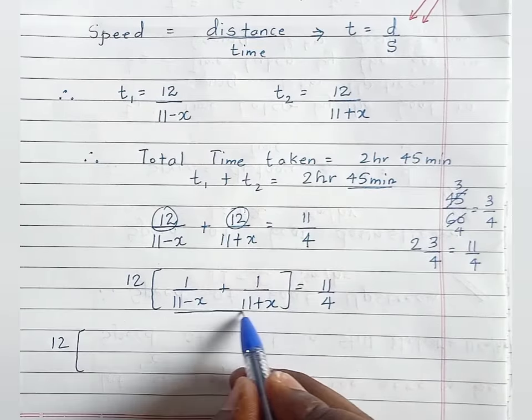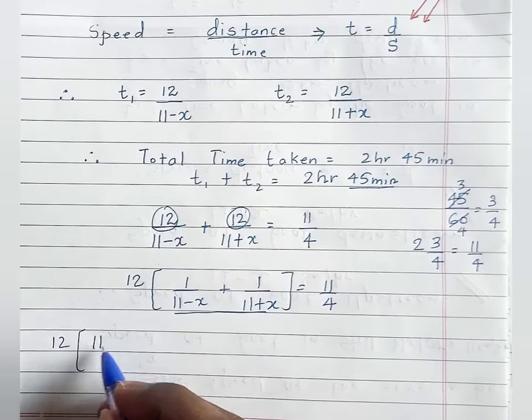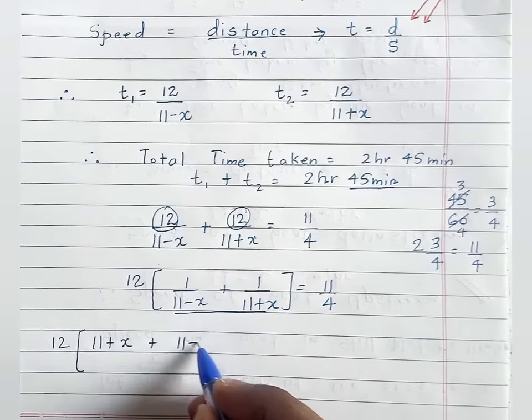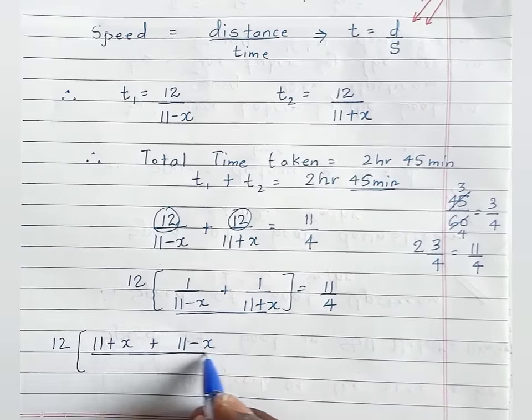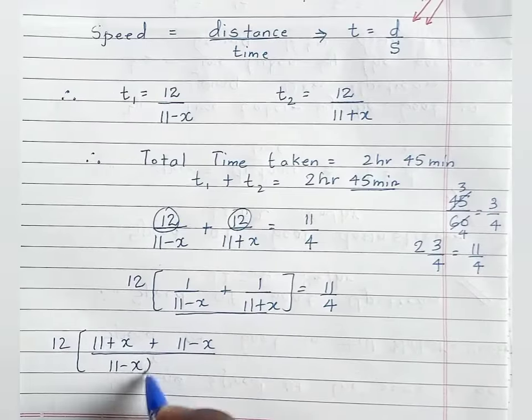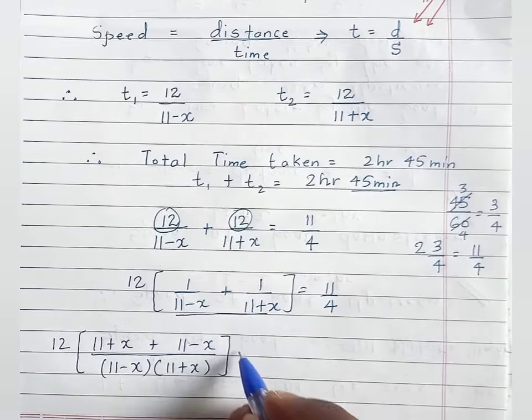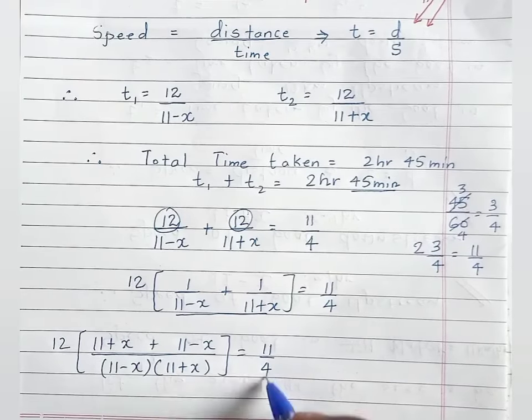Now taking LCM, the LCM is 11 minus x into 11 plus x. So what you get, 11 plus x plus 11 minus x whole divided by 11 minus x into 11 plus x, which is equal to 11 by 4.